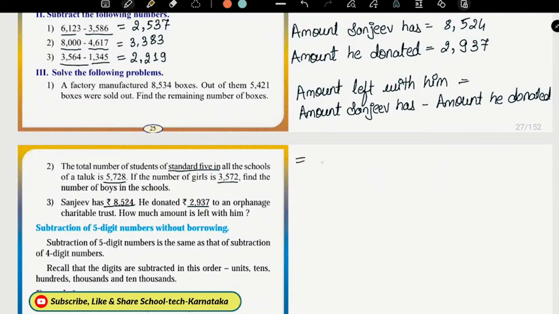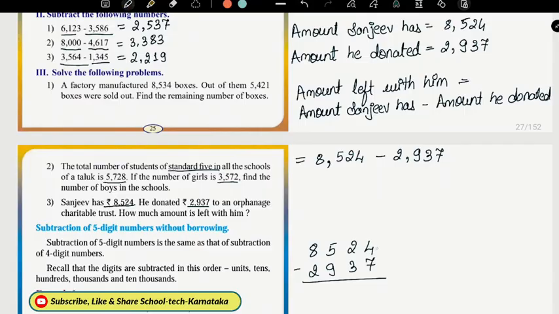That is 8,524 minus 2,937. Let's solve this. 8,524 minus 2,937.